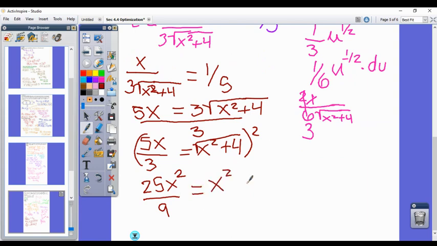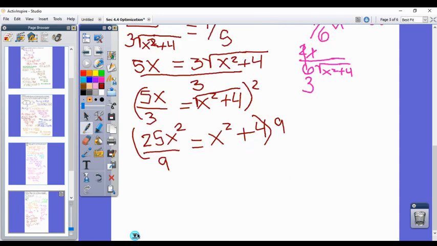I don't know about you, but I dislike fractions, so I'm going to multiply everything by 9 now to get rid of my fraction. Okay, so 25x squared equals 9x squared plus 36. All right, so we're going to subtract our 9x squared to be with our 25.